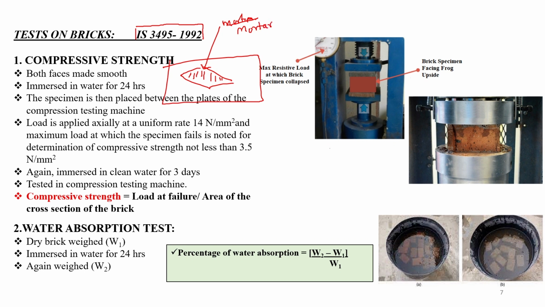Mortar of the ratio 1:3 means 1 part cement and 3 parts sand. After filling it with mortar, we will cover the brick with a wet gunny bag, because this mortar will take time for hardening.